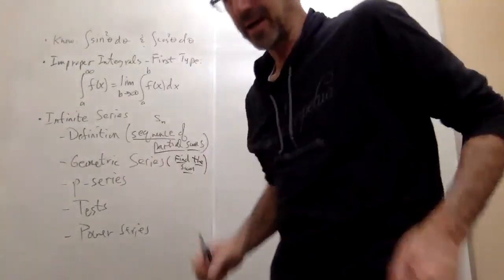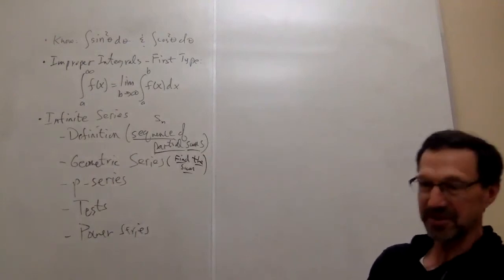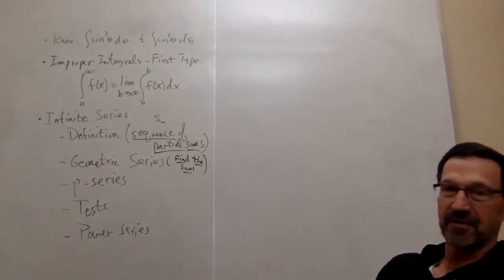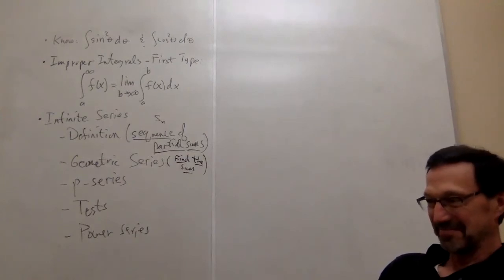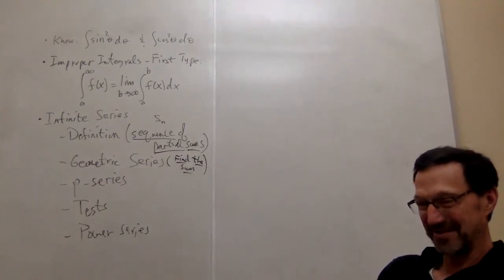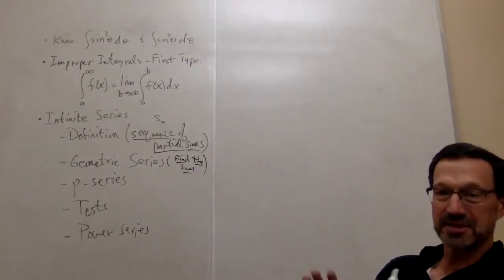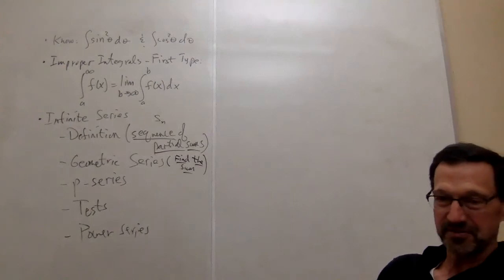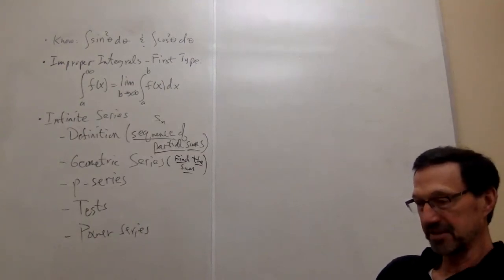P-series, we know 100% of the time when they converge and when they diverge. There's no mystery. But never, ever, at least in this course, do we know what the ones that converge converge to. Some of them are known, but it's pretty much beyond the scope of our ability.